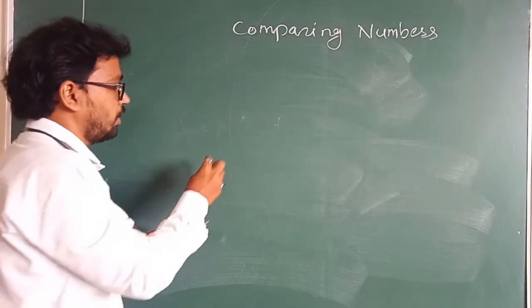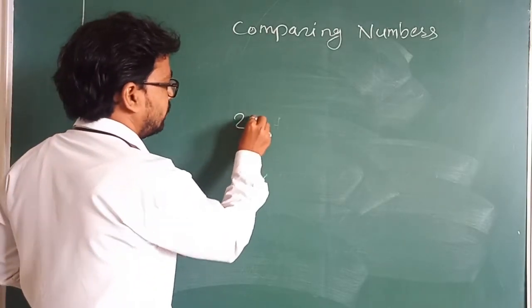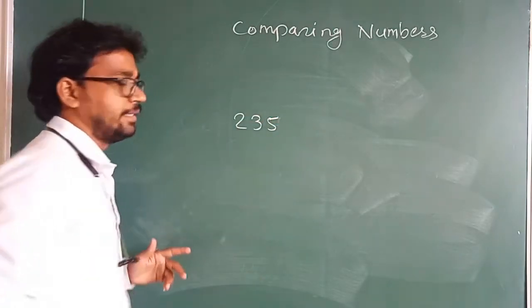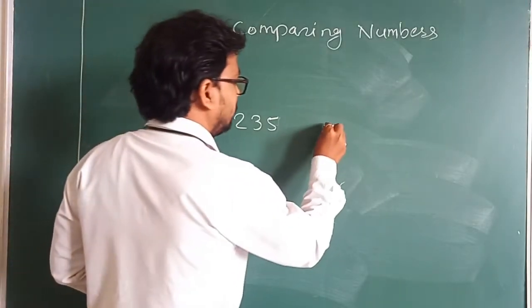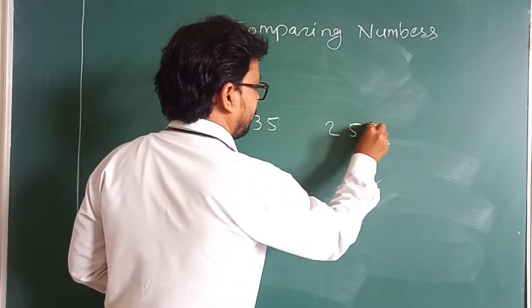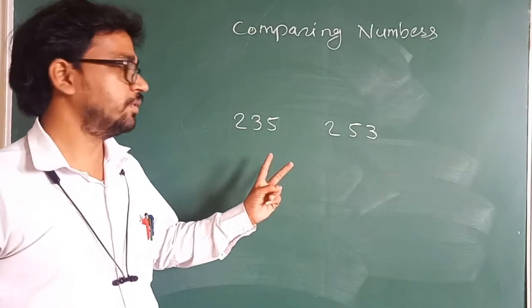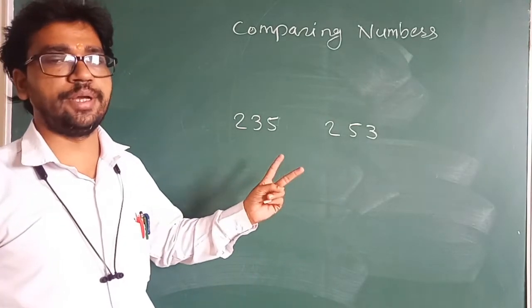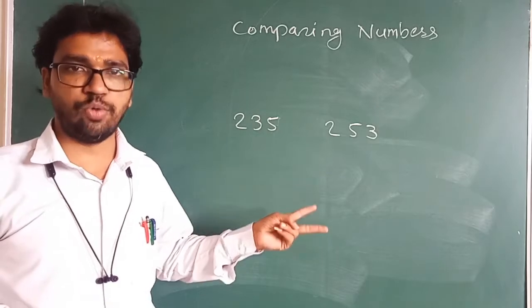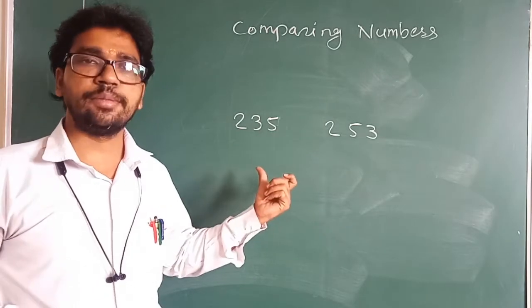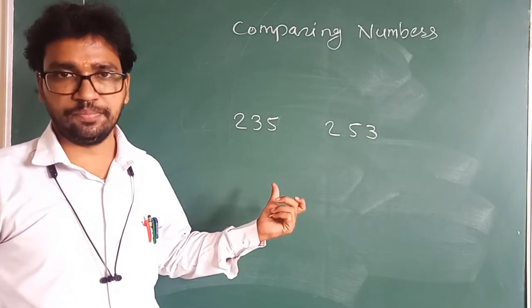So comparing is what? If the numbers are 235 and 253, which number is greater, which is smaller, or are both numbers equal?